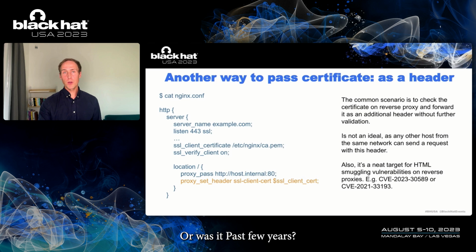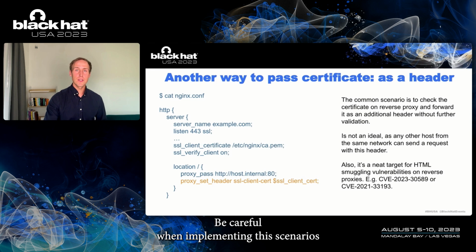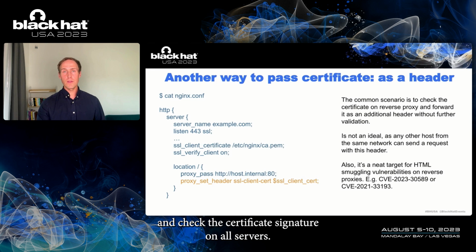Over the past few years, we've seen a lot of request and header smuggling vulnerabilities, including the latest CVEs in Apache and Node.js. Be careful when implementing these scenarios and check the certificate signature on all servers if possible.